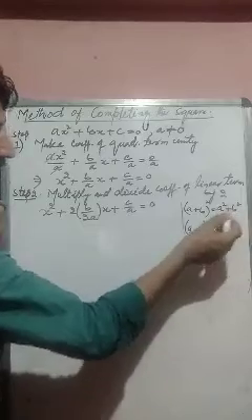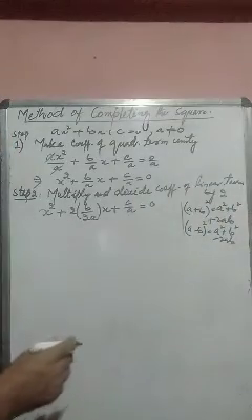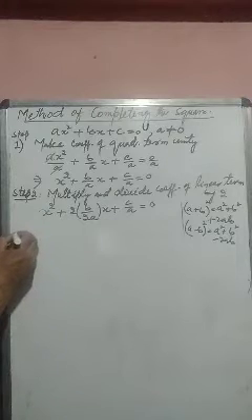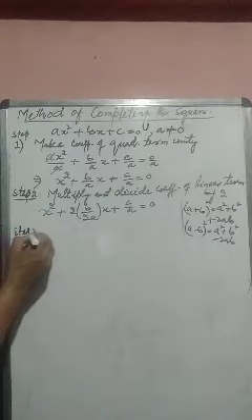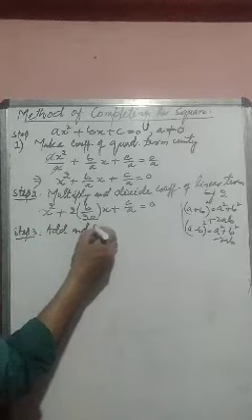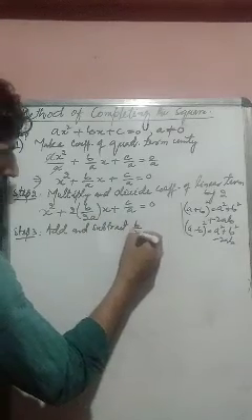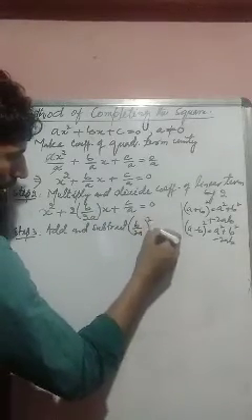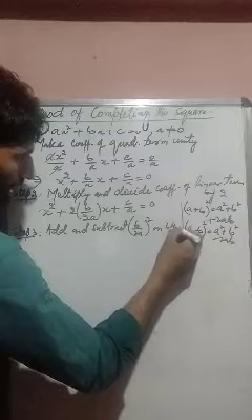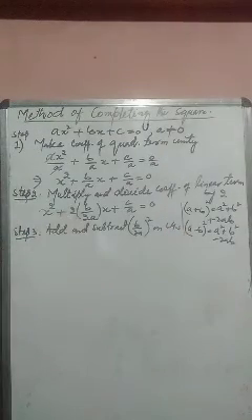Now we need b square, but it is absent here, so we will add and subtract. It is step 3: add and subtract this b by 2a whole square on LHS. LHS में हम क्या करेंगे? Add और subtract करेंगे b by 2a whole square.